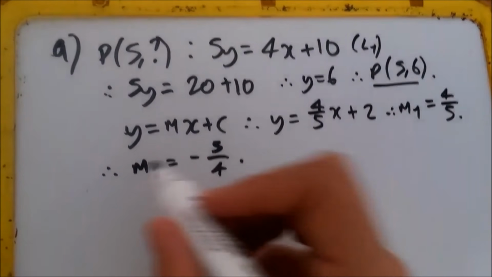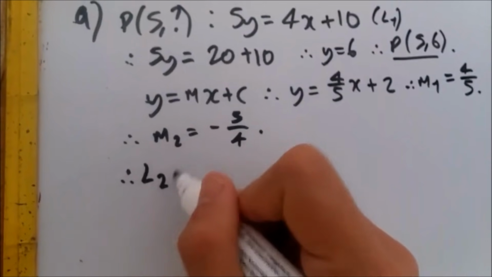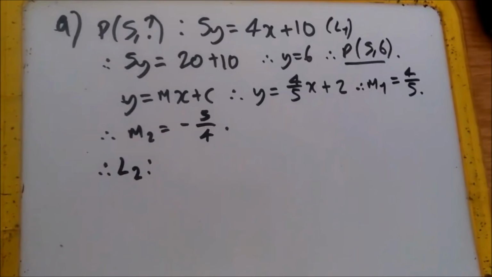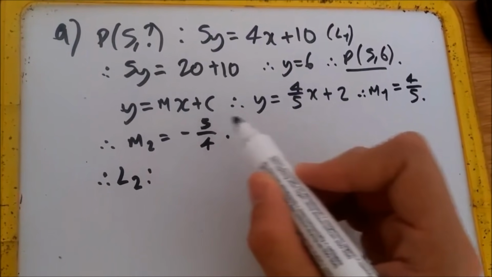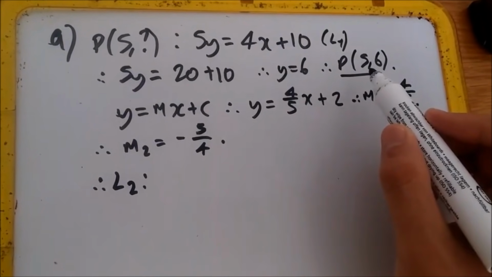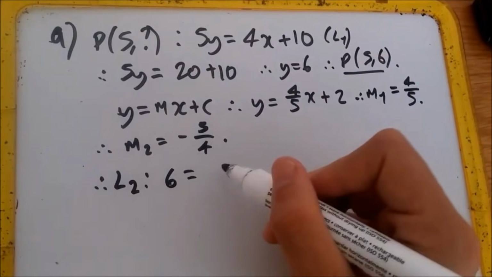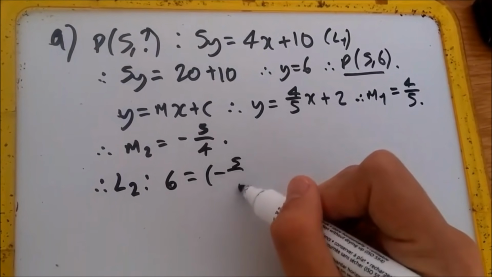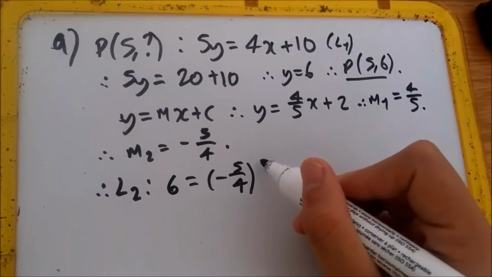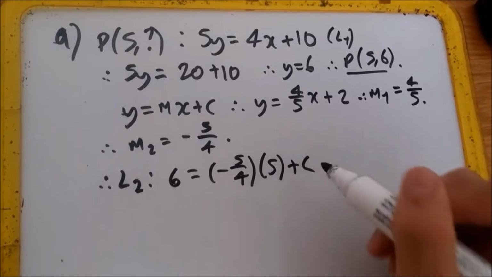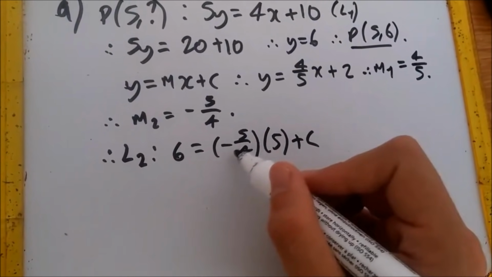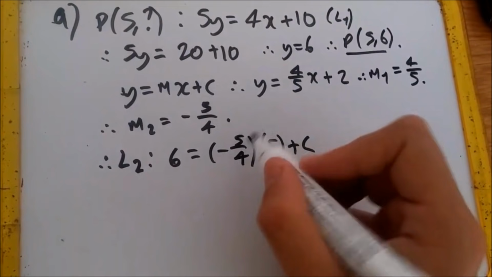Lastly, to find the equation of L2, all we have to do is use y equals mx plus c and replace it with our coordinates at P and our new gradient. So y is 6, m is minus 5 over 4, x is 5, plus c. Expanding this out gives minus 25 over 4.